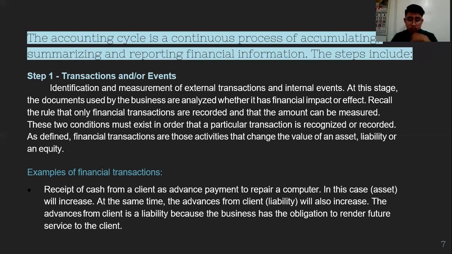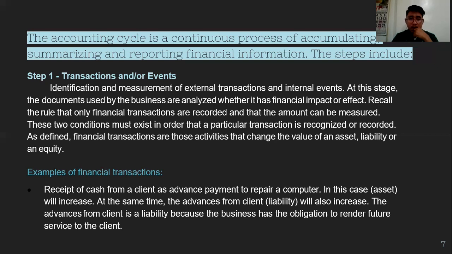So recall the rule that only financial transactions are recorded and that the amount can be measured. The only transactions you can include in the balance sheet are those that have a financial effect.